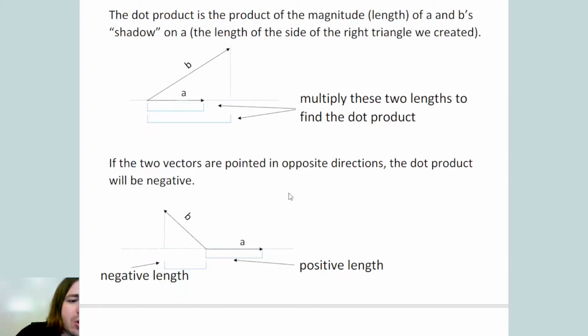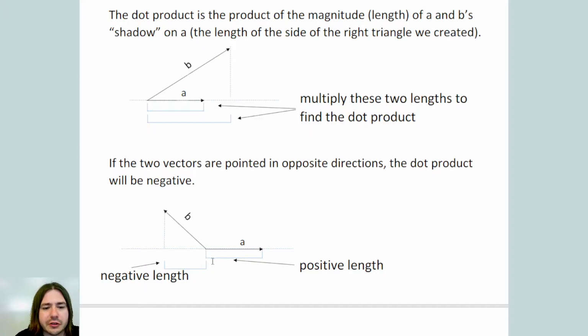What I'm calling this distance right here is kind of like the shadow of B on A. What I mean by that is if you were to drop down a line perpendicular to the line that the first vector lies on, this side of this right triangle is what I'm calling the shadow. So like from here to here. And if I multiply this value by this value, I'm going to get the dot product.